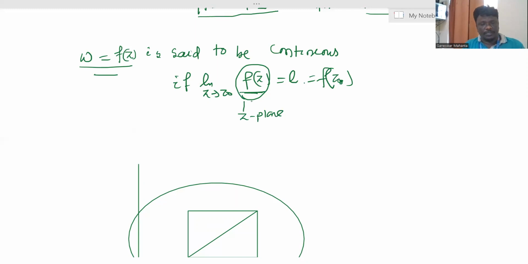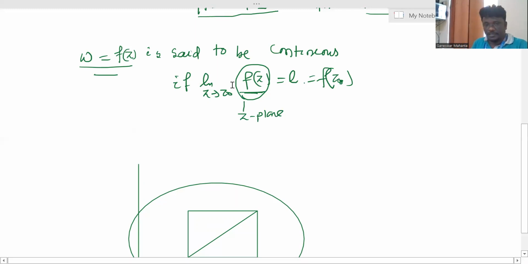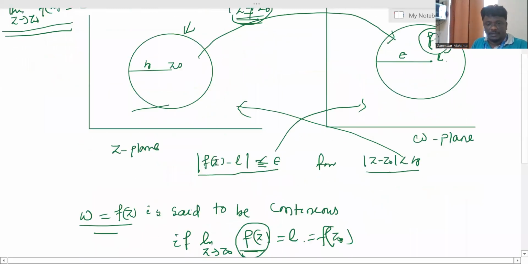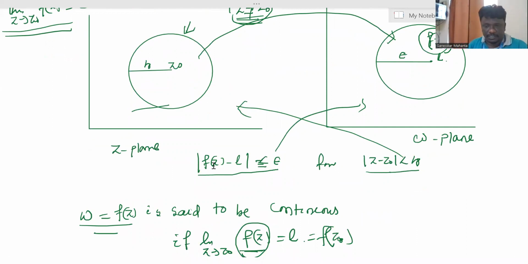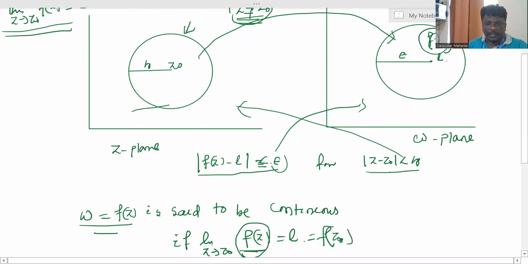When it is said to be continuous, two criteria are given: the modulus of f(z) minus L is less than epsilon, and the modulus of z minus z0 is less than delta. Epsilon and delta are neighborhood points, that means the nearest points. If this condition is satisfied, then the other is also satisfied, so the limit point exists.